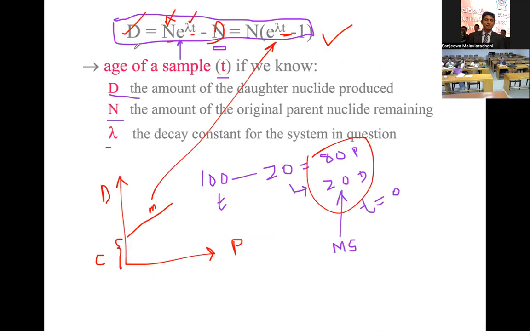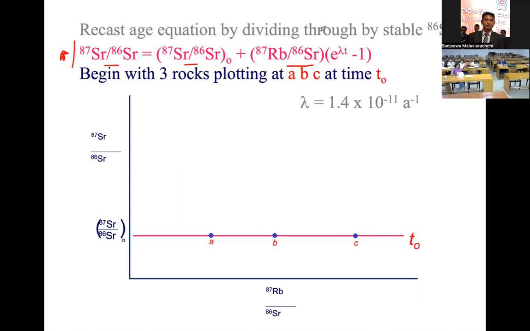This is the radiogenic amount coming out, okay? Right, the radiogenic amount coming out is this much, after elapsing T period of time.